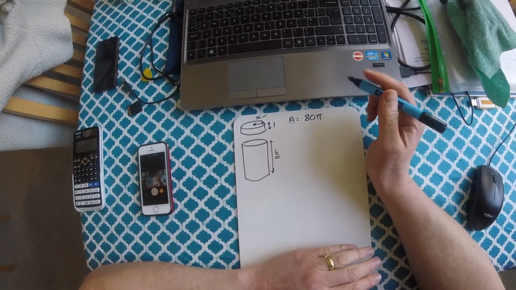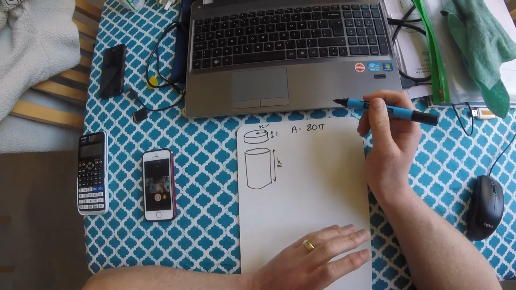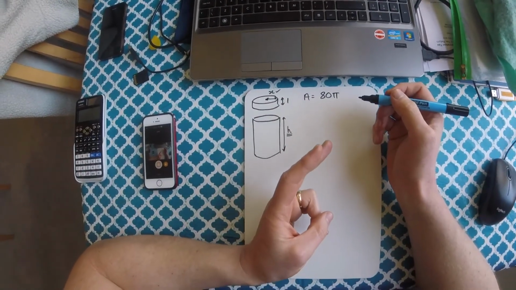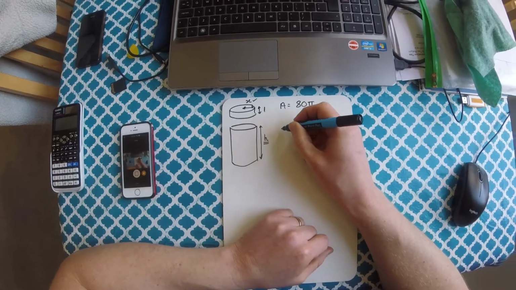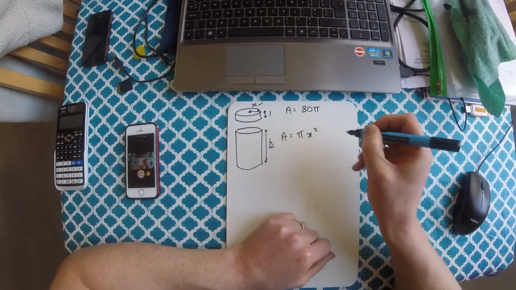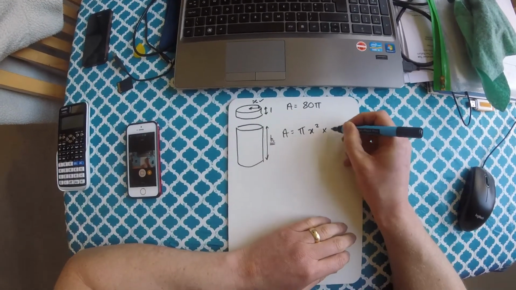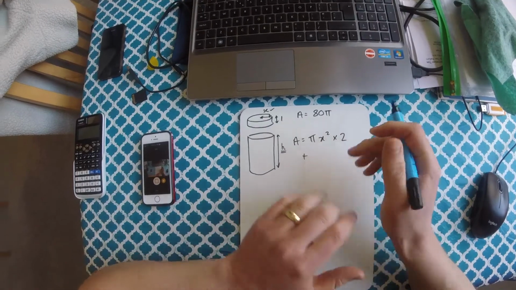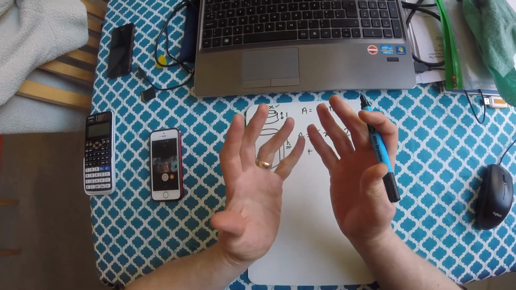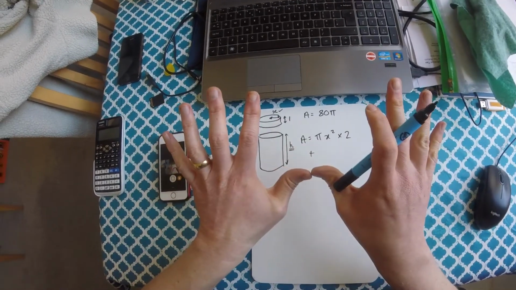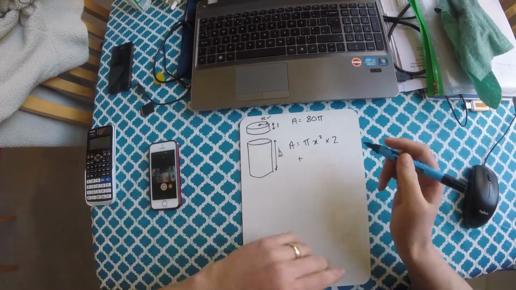So let's have a look to see how we start. How would I find the area of a cylinder? Well, the first thing in a cylinder is I've got two circles, so that's going to be pi times x squared, and I've got two of those, so times by 2. And then I'd be adding the area of this enclosed cylinder. Now the area of the enclosed cylinder, if I was able to cut that open and spread it out again, we'd actually end up with a rectangle.